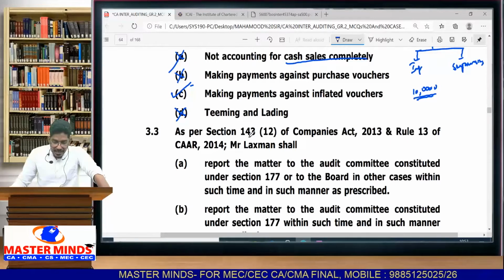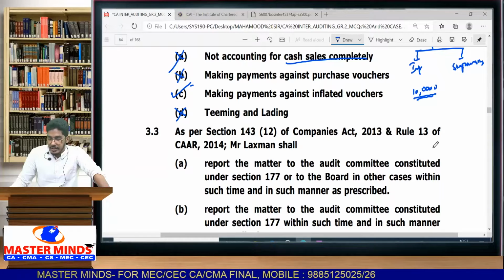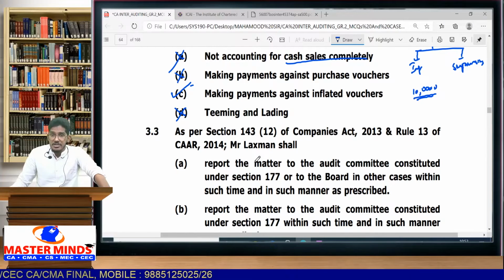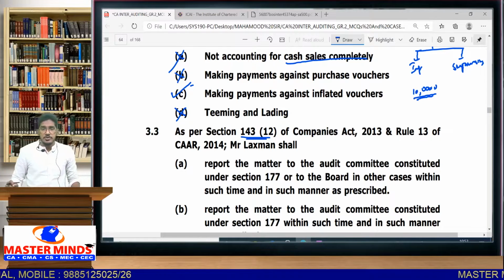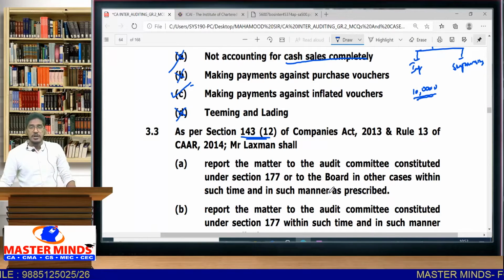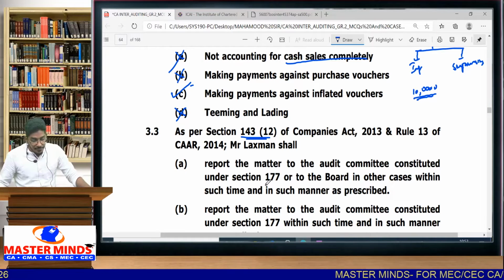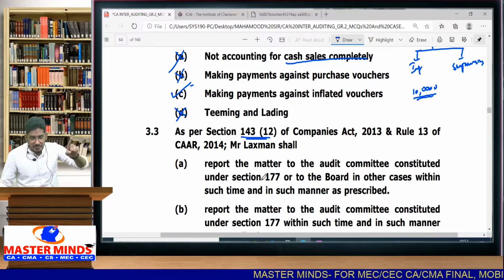Then, as per section 143 subsection 12 of Companies Act 2013 and rule 13 of CAAR, Company Audit and Auditors Rules 2014, that means under 143 subsection 12, the auditor will have some responsibilities. They have given 4 options. You have to pick one correct option. Under 143 subsection 12, the auditor shall report the matter to the audit committee constituted under section 177.